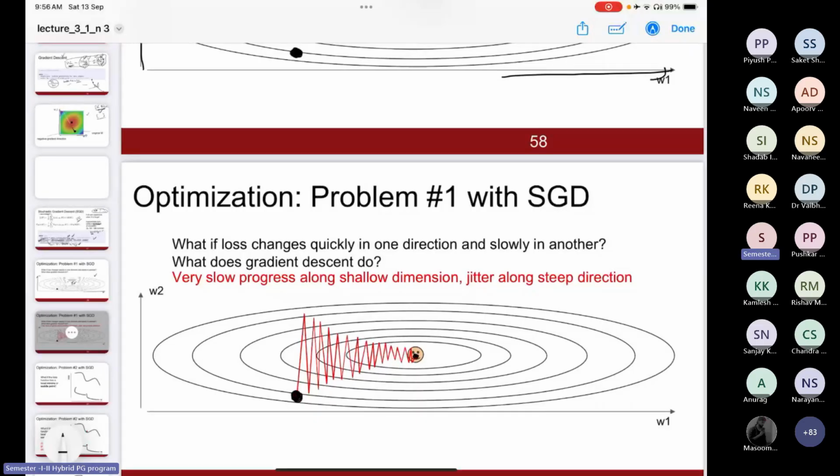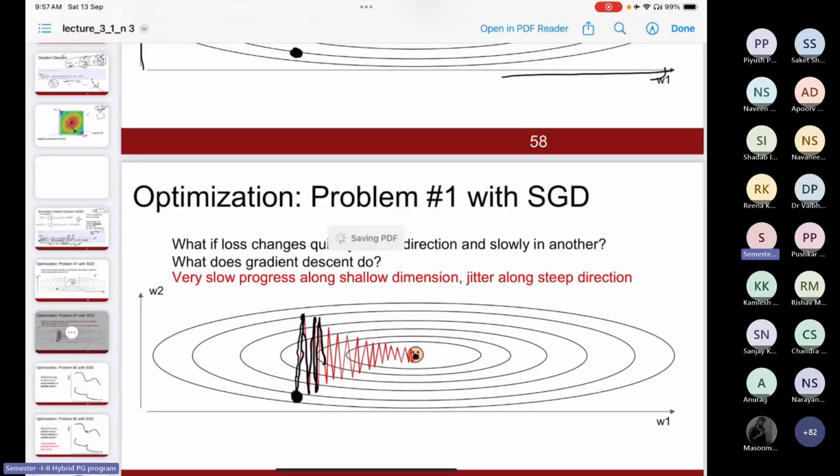And once it reaches here, that means your loss is close to zero. Now it just started, but it's going in this way. You can observe that in this direction, your W is changing a lot. Drastic change. Once you got here, again you reached here, again here, again here. There's a great change in one direction, the W2 direction.